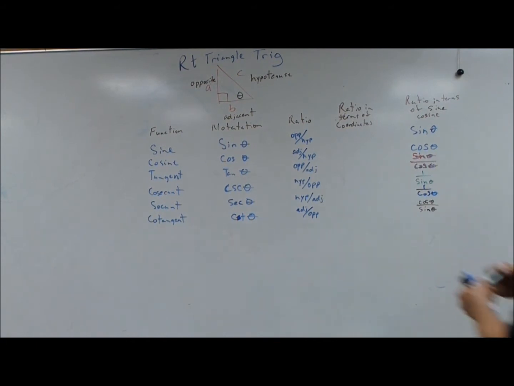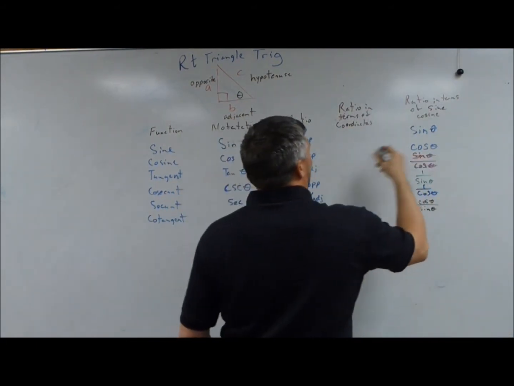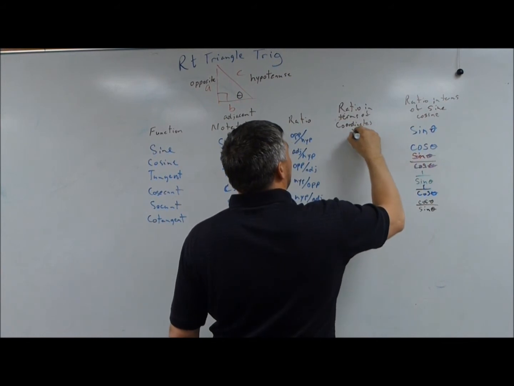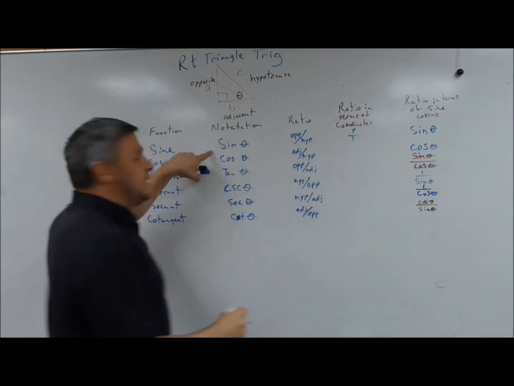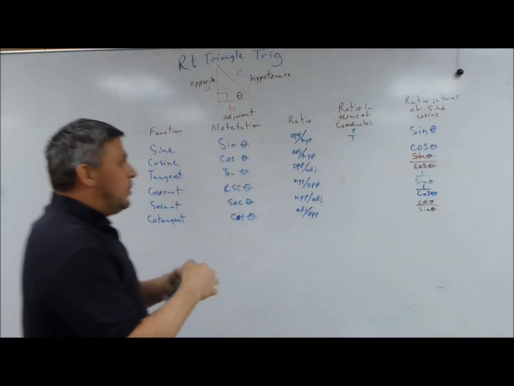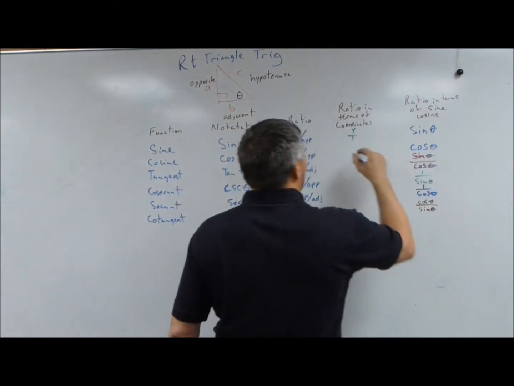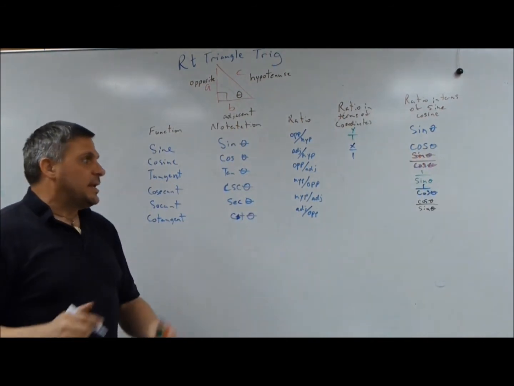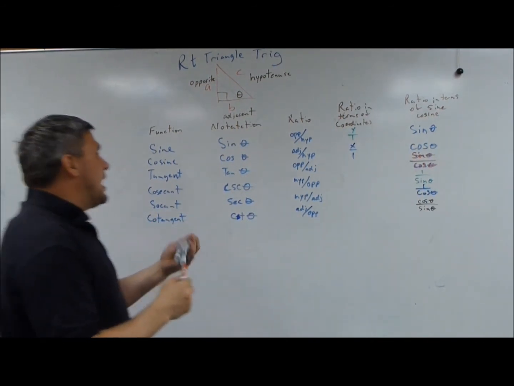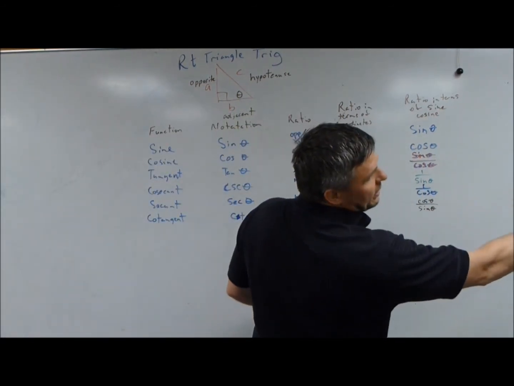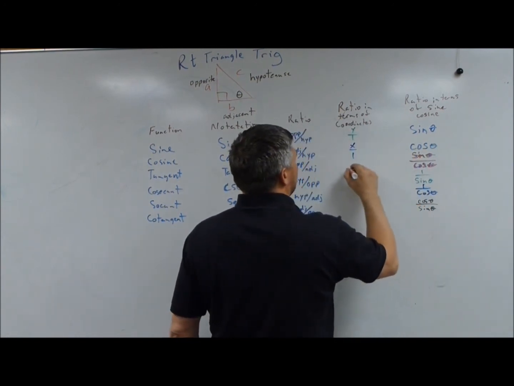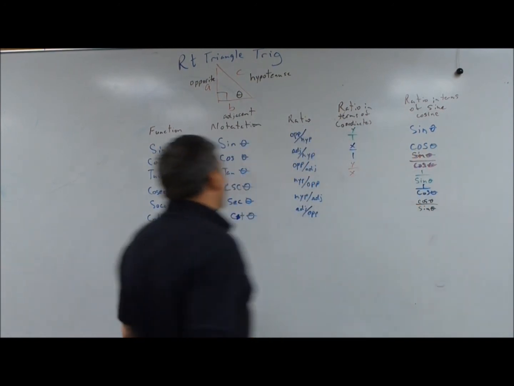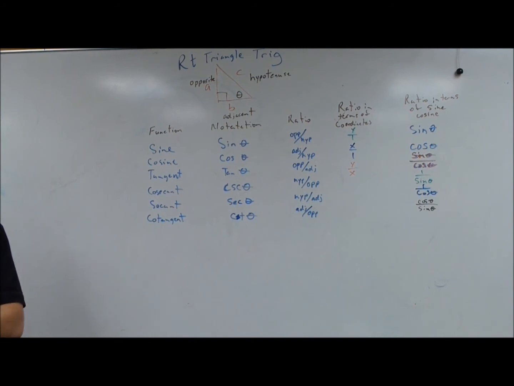So we have y over 1 for your sine theta. We have x over 1 for your cosine theta. We have y over x for your tangent theta. And when we look at cosecant, it's real simple.